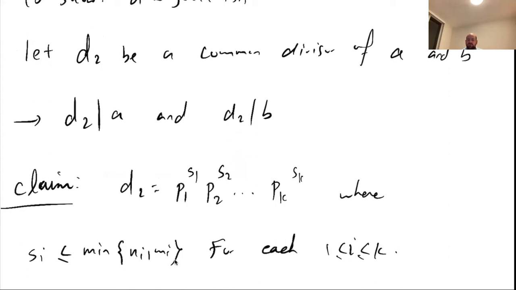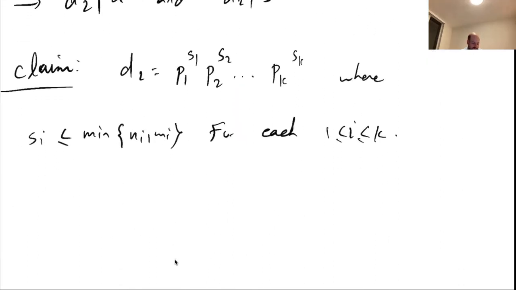So of course I have to prove the claim. But once I prove the claim, I will be done. Why? I'll prove the claim in a few minutes, but first let me tell you why I am done once the claim is proved.